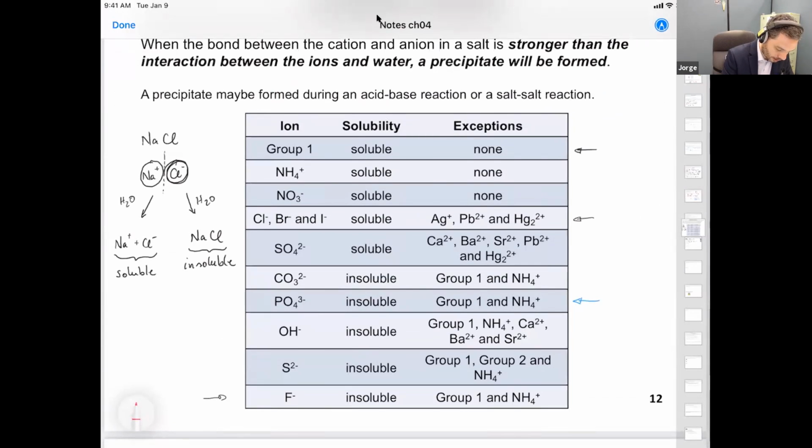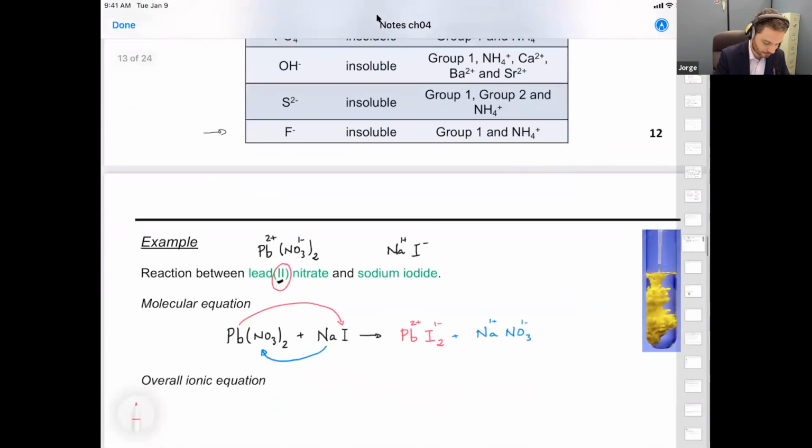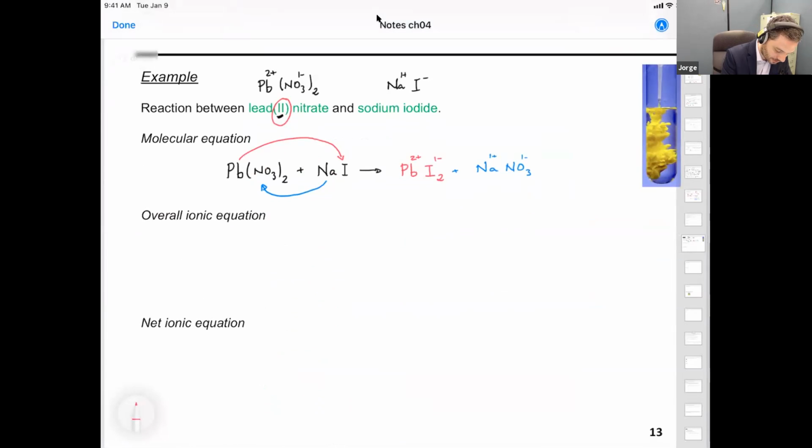Here, if you look at the fourth row in the solubility table, we have chloride, bromide, and iodide salts. They are soluble. The exceptions are when they are combined with silver, lead, or mercury, that will yield an insoluble salt. And in the present case, we have iodide bonded to lead. Therefore, this first salt here is insoluble.